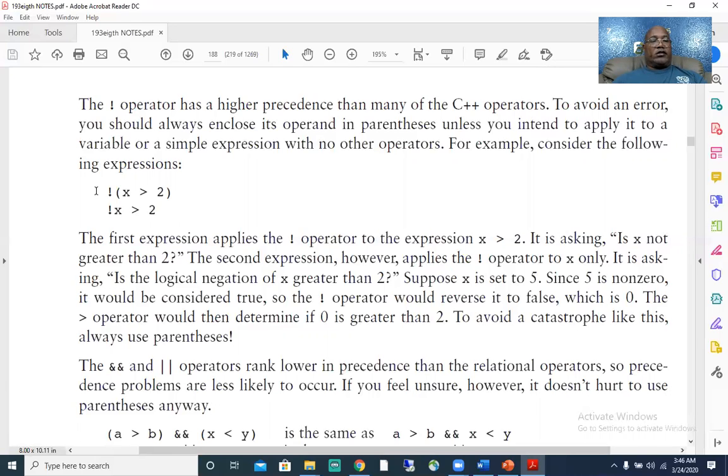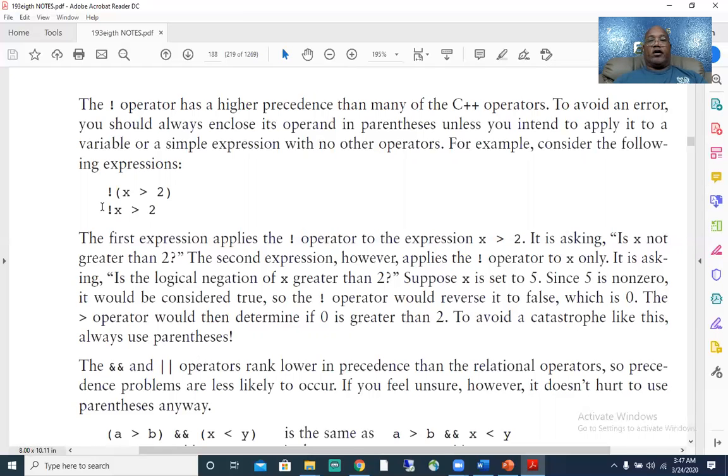If you look at the second example here, where it says not x greater than 2, now we're going into our logical value. Remember our logical operator, our value. When you say not x, you're asking if x is what? 0 or any other value other than 0.